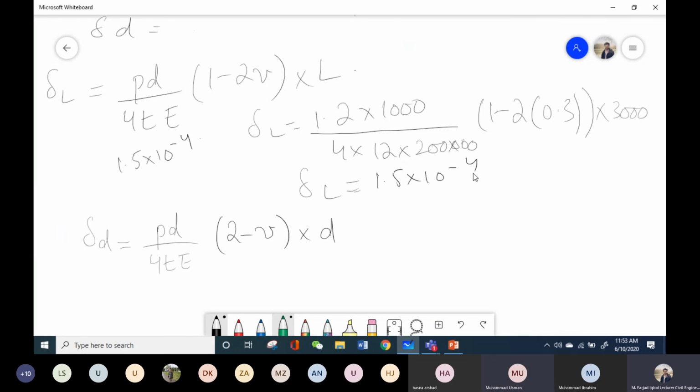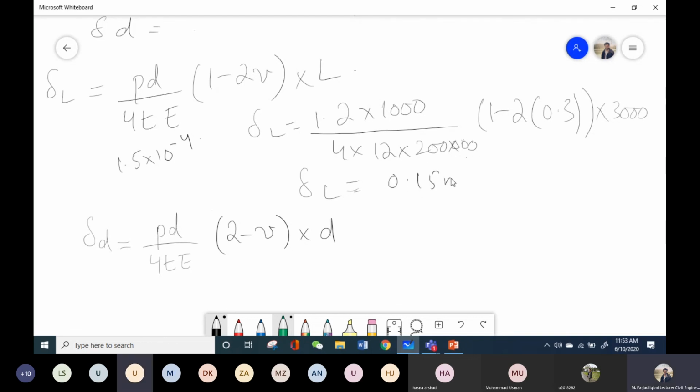Hold on. It should be millimeter. Let me just confirm this answer. If you use this equation, isn't the answer 0.15?